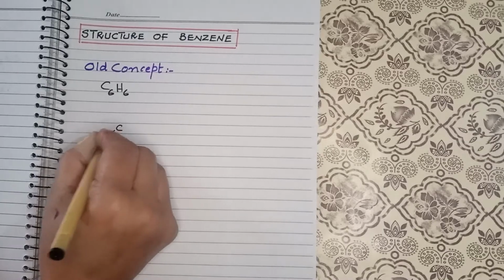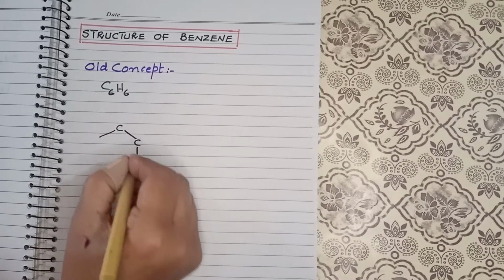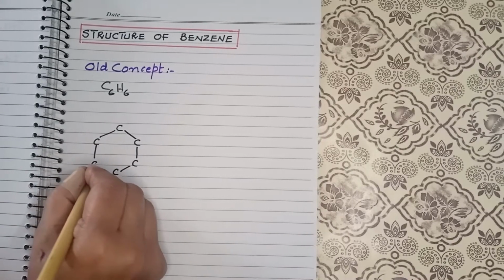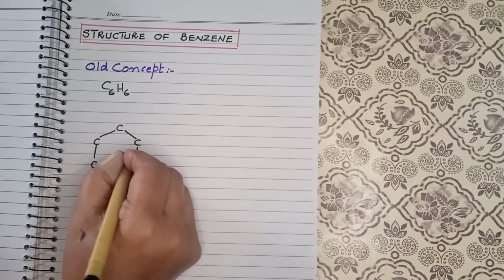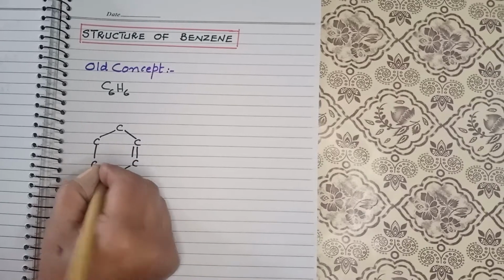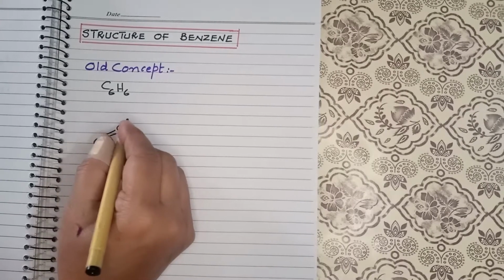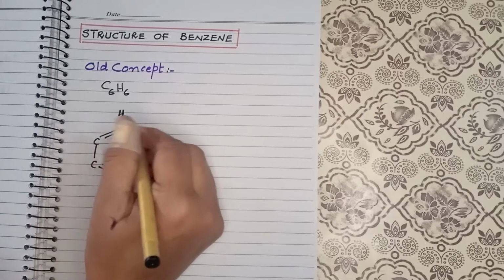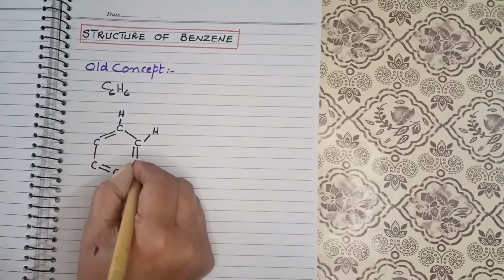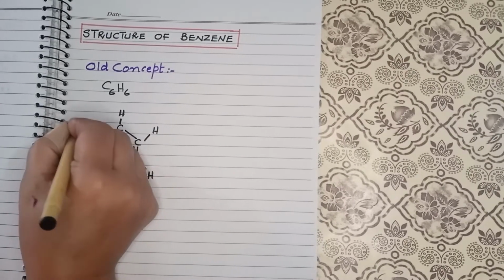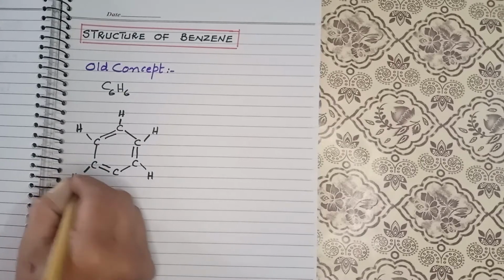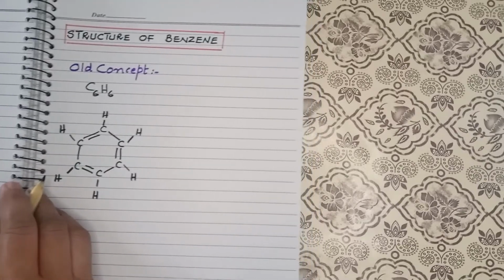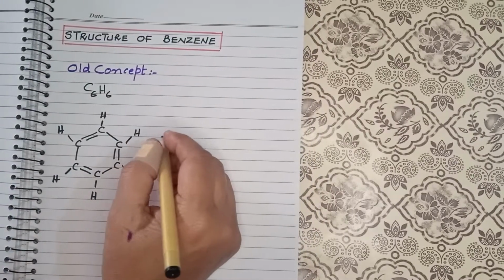We have 6 carbon atoms with alternate double and single bonds like this, and with each carbon atom one hydrogen atom is attached. Or we can make the structure this way.